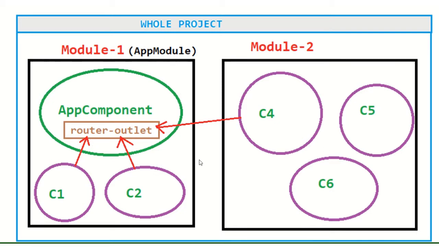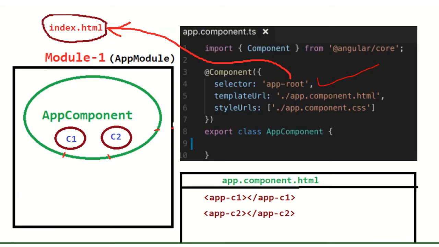So previously, what we were doing, I will show you here. Whenever we need two components inside the app component, we were using the selector. So these are the selectors. For example, the app component selector. App component will be shown inside index.html.